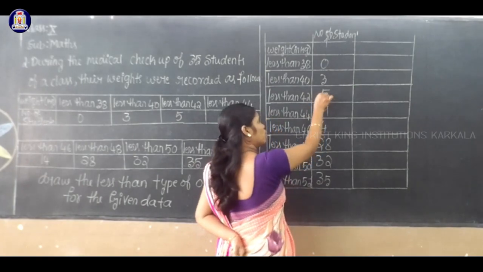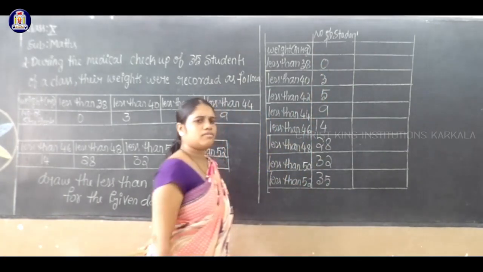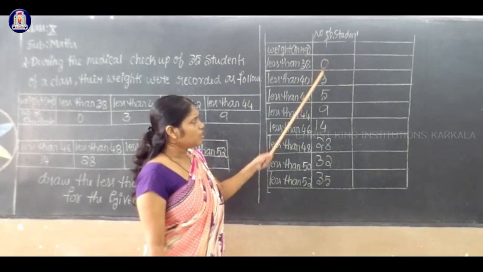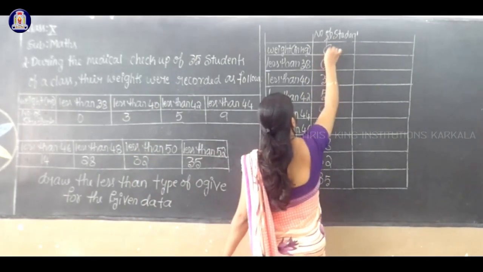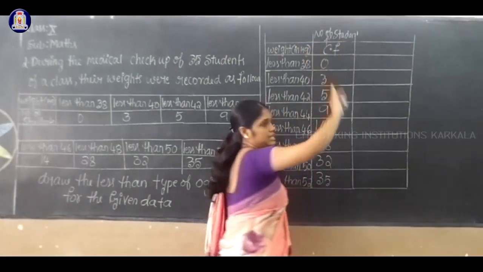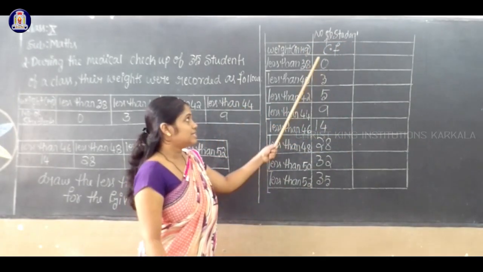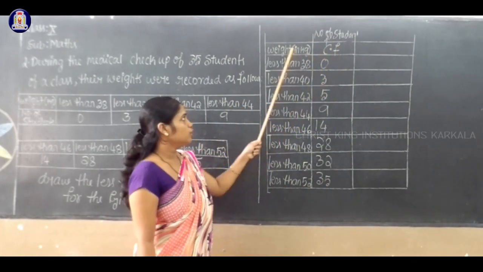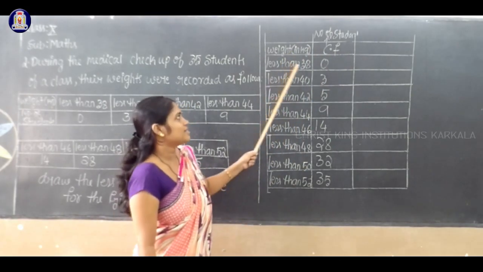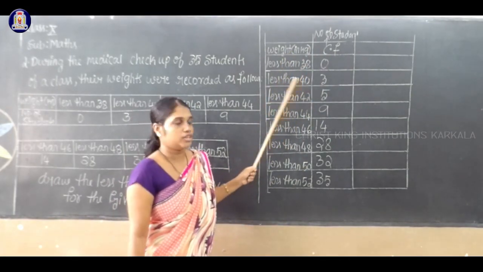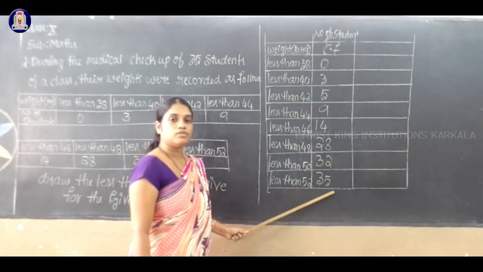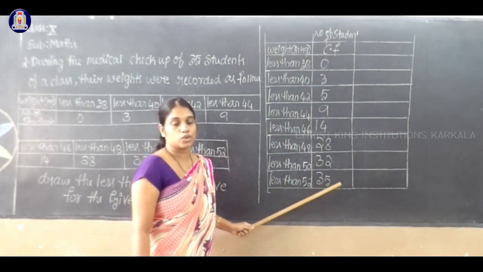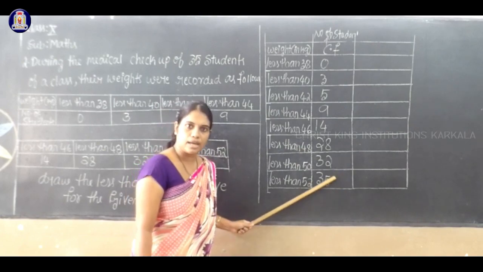So therefore, what is this second column value? The second column value is nothing but a cumulative frequency, that means CF value. Remember, if your first column is about less than 38 or less than 40 or less than 42, then your second column value will be CF value, cumulative frequency value.